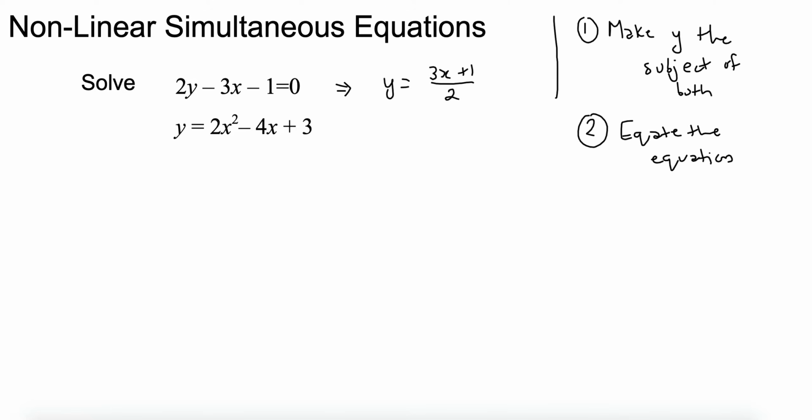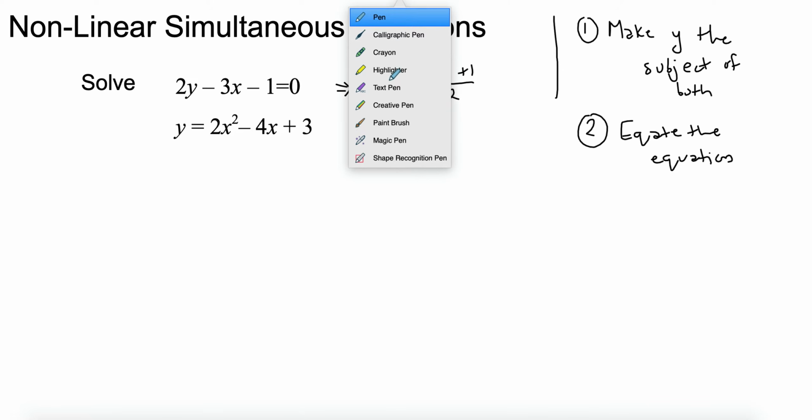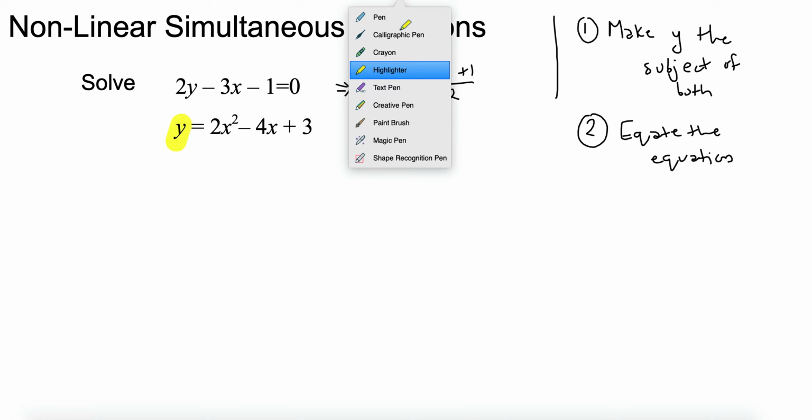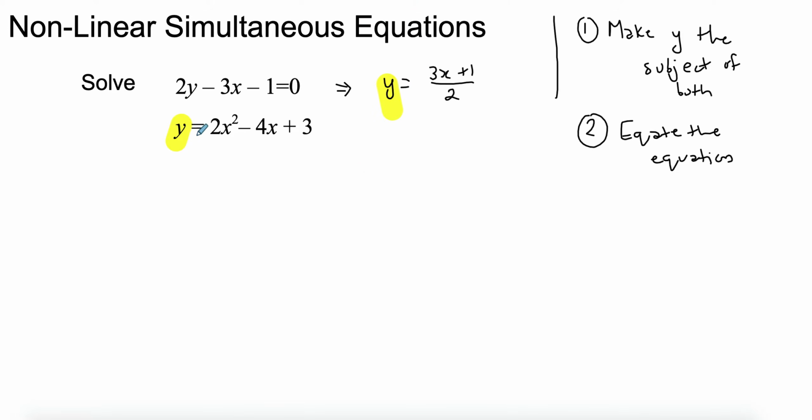Well, notice how you now have two ways of representing y. First of all, y is equal to (3x plus 1) over 2. Also, y is equal to 2x squared minus 4x plus 3. So I have two ways of talking about y, but they're the same y. y is this, and also y is this, so they should be the same thing.